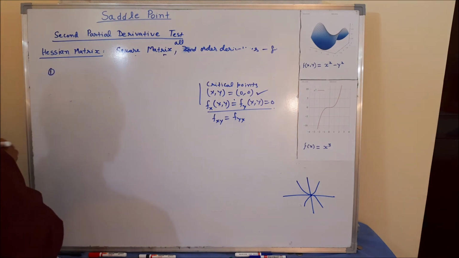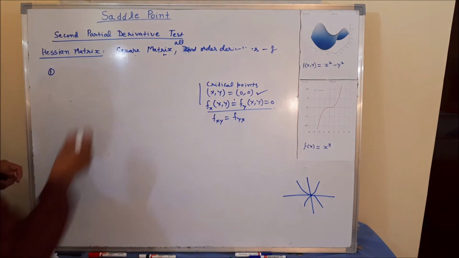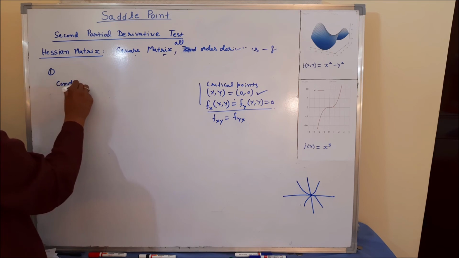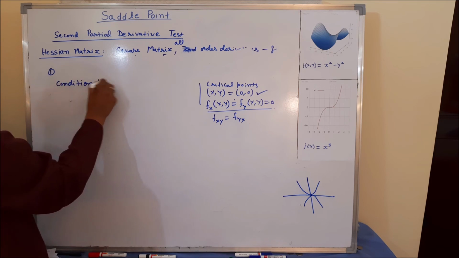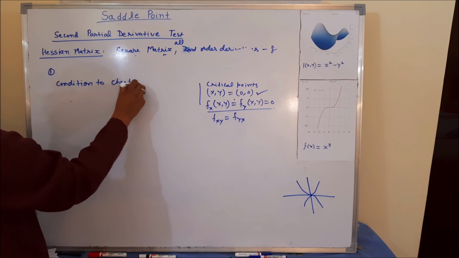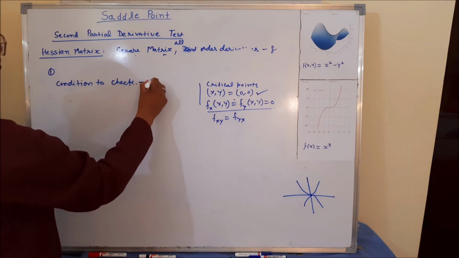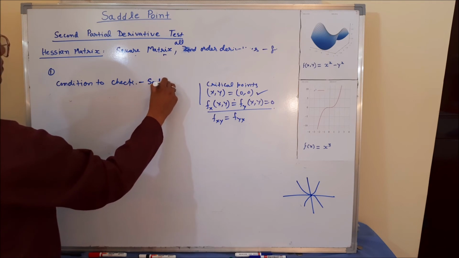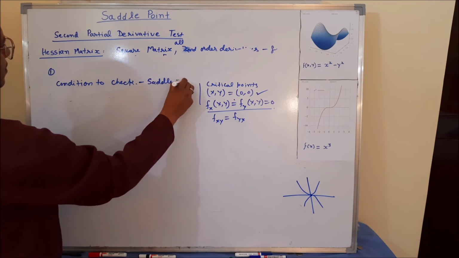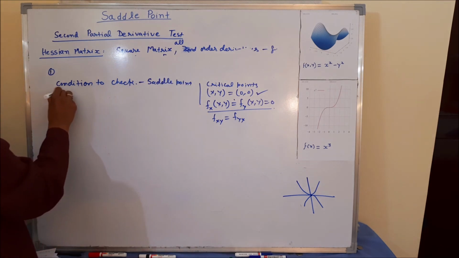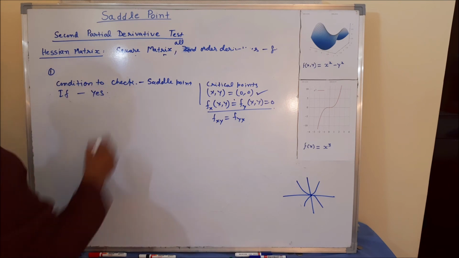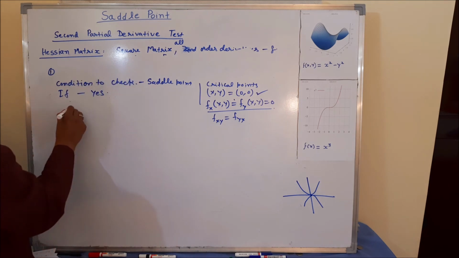The first way is to try with some condition to check the existence of a saddle point. If yes, chances of saddle points are there, then make a little change in your learning process.